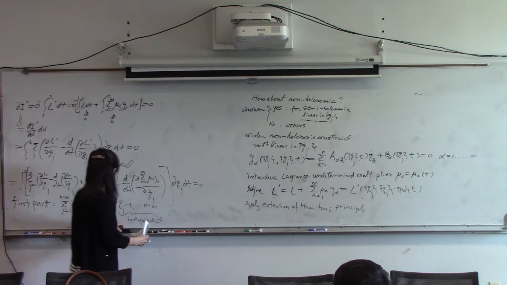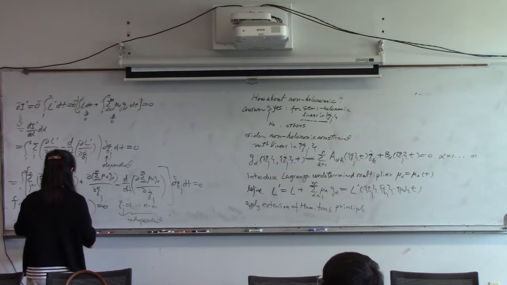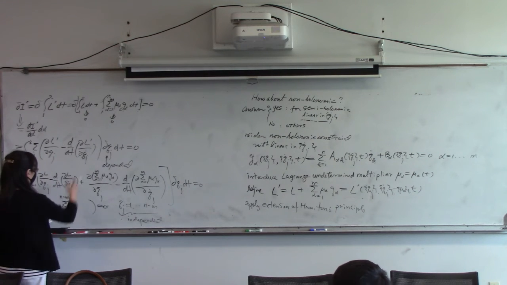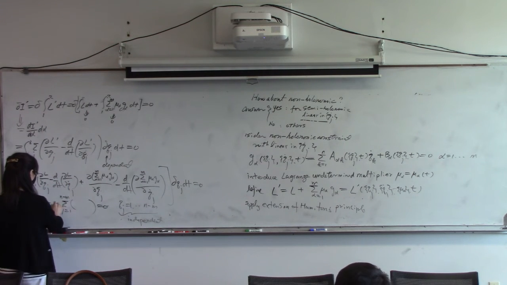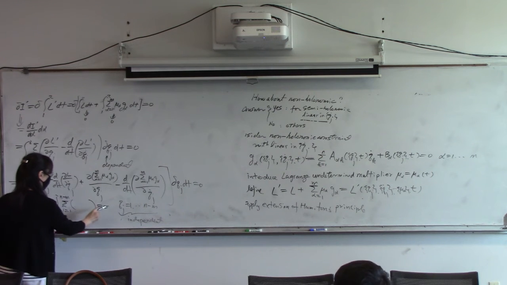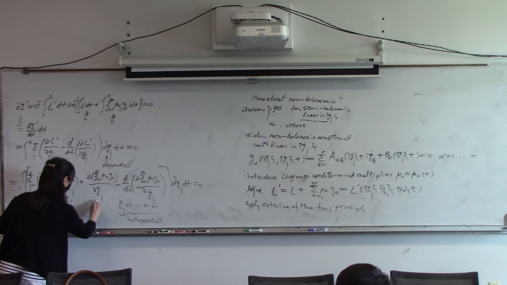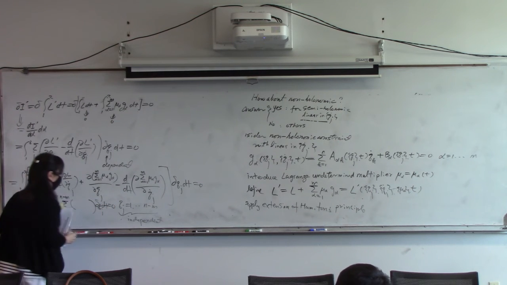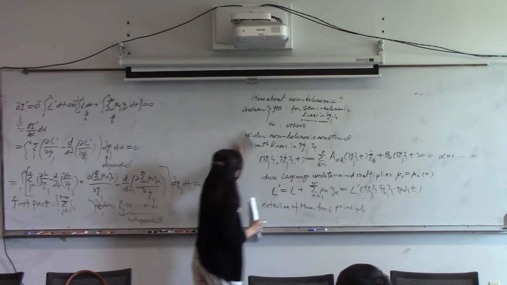Either do it this way, or in general the integral here of the coefficient times delta q_j dt equals 0.